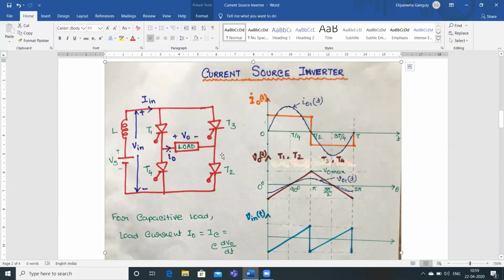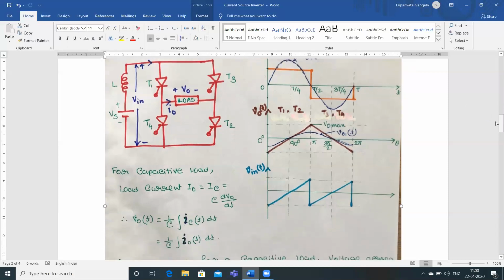The load current is the same as the source current. Because I considered all the thyristors ideal, there is no loss, and a constant current flows through the load. In the next half cycle, when T3 and T4 are fired, current will flow through the load in the opposite direction. So the current and voltage are both in the opposite direction. Got it?